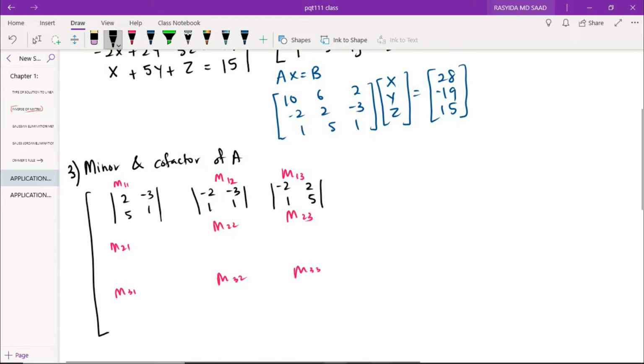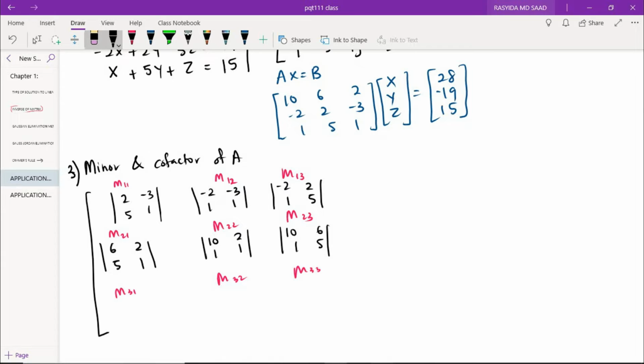And then the second one, we want to find M21. It is the determinant of 6, 2, 5, 1. And then M22, which is 10, 2, 1, 1. Then M23, which is 10, 6, 1, 5.